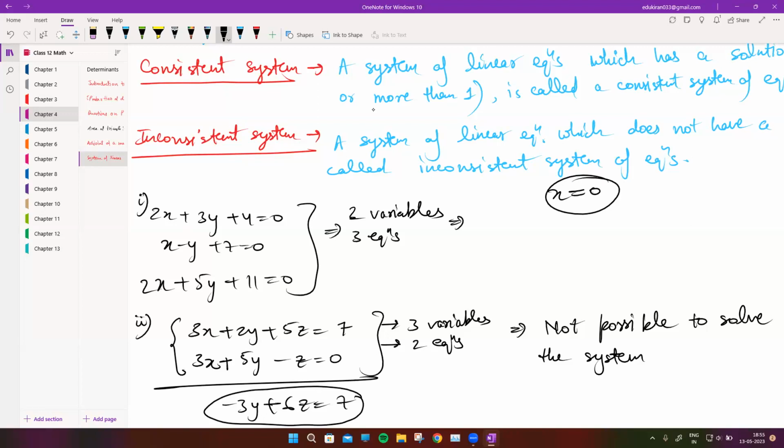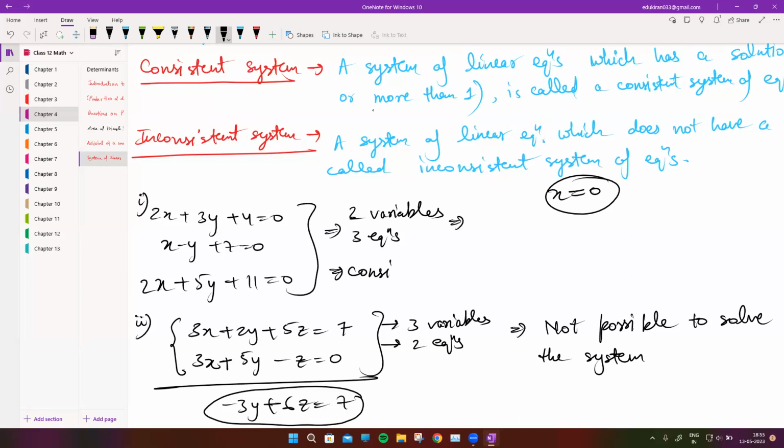Now, what do I mean by system is consistent or inconsistent? Let's understand this. So if I give you these three equations, and if I ask you what are the values of x and y so that the given system is consistent, I mean that the values of the variables are satisfying all the conditions.